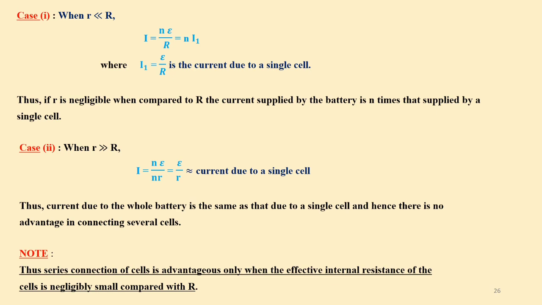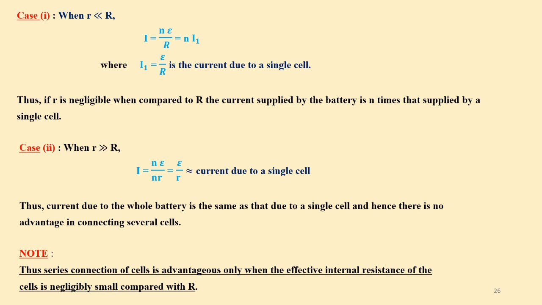Therefore, I is equal to N times E divided by capital R, that is equal to N times E by R, that is N times I1, where I1 is equal to E by R, the current due to a single cell. Thus, if small r is negligible when compared to capital R, the current supplied by the battery is N times that supplied by a single cell.